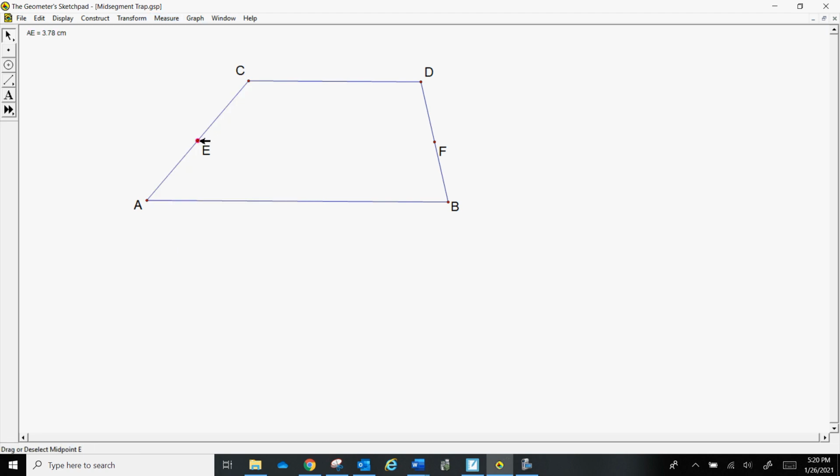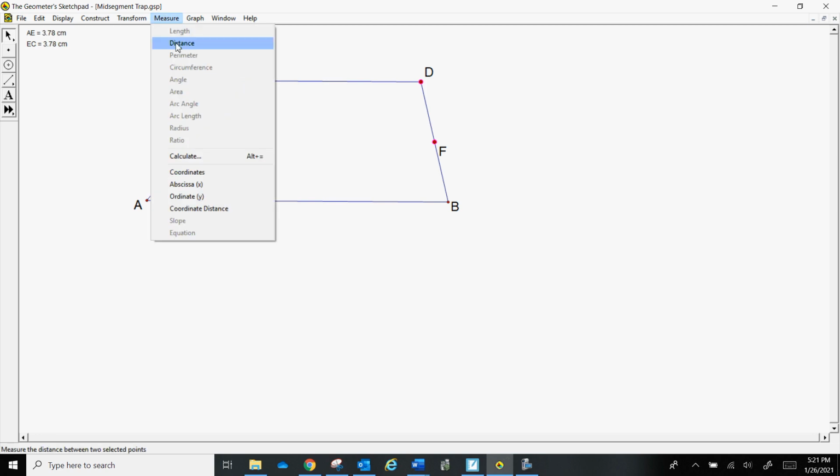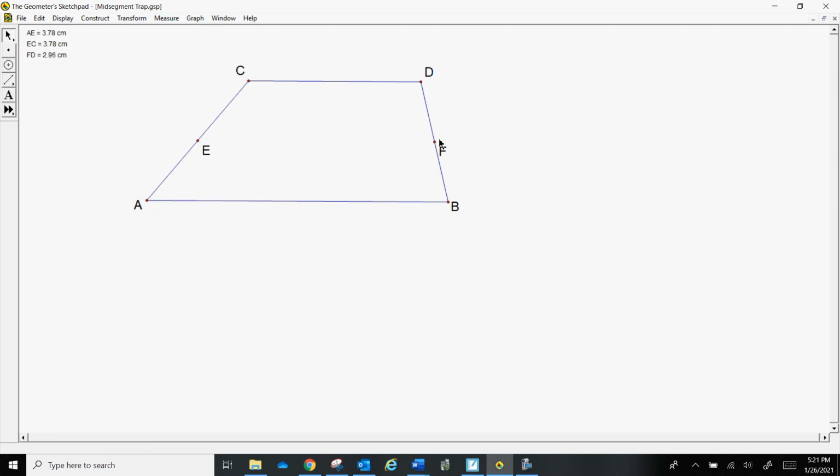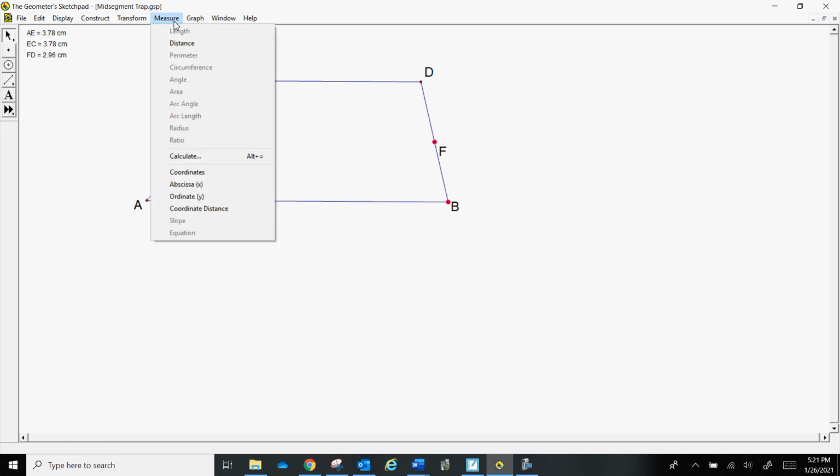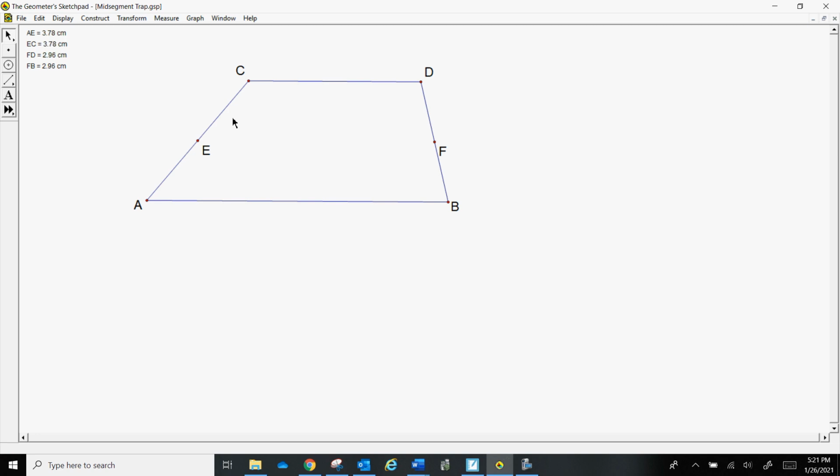Measure E to C, measure that distance from D to F, measure that distance from F to B. You can see those things right there are midpoints for sure. I'll put them right over here. There we go. We got midpoint F, and we have midpoint E.